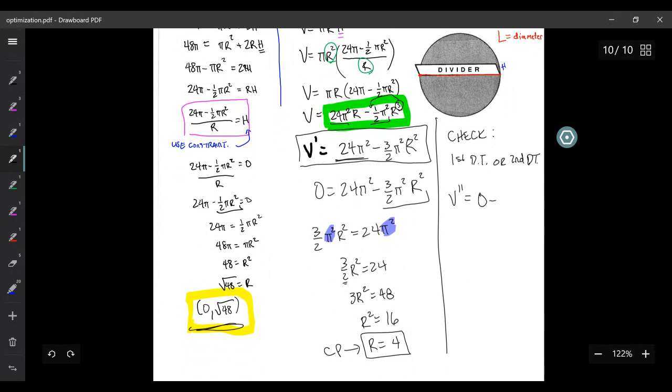And this is going to be a negative 3 pi squared r. So if I put a positive 4 right there, I'm going to have negative 3 pi squared times 4, which is a negative number.